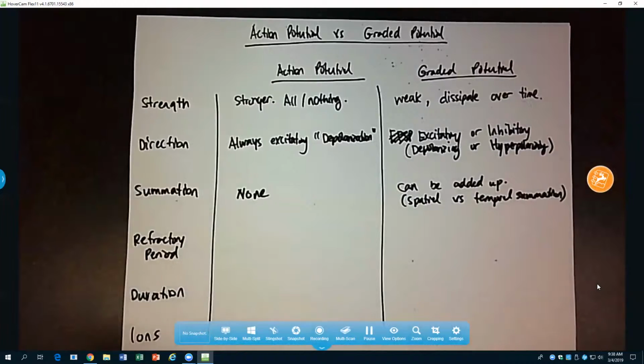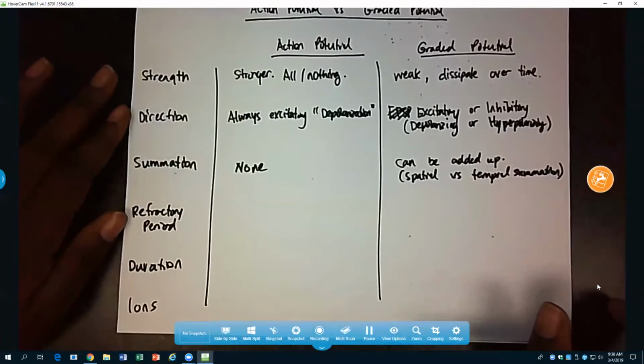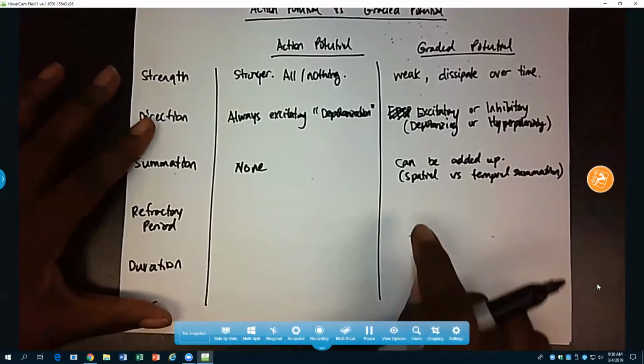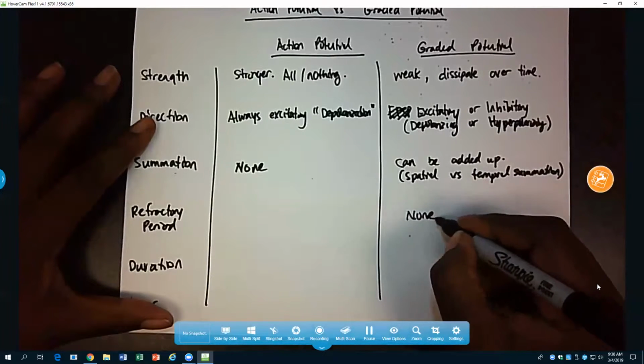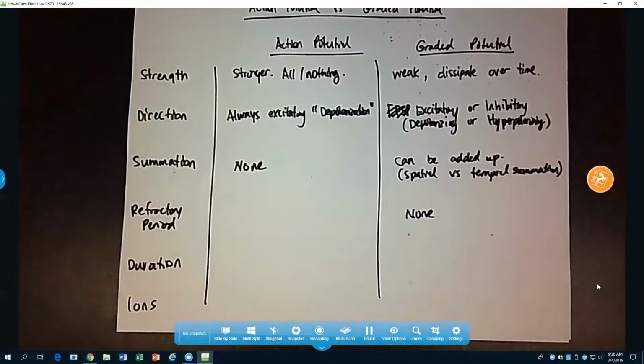What about the refractory periods? So we know that graded potentials have no refractory period. What are the two types of refractory periods for action potential, and how do they differ? We talked about this. There were two types of refractory periods for action potentials.